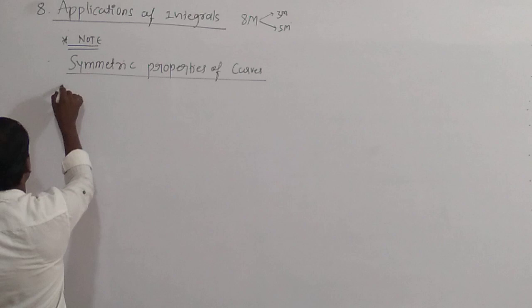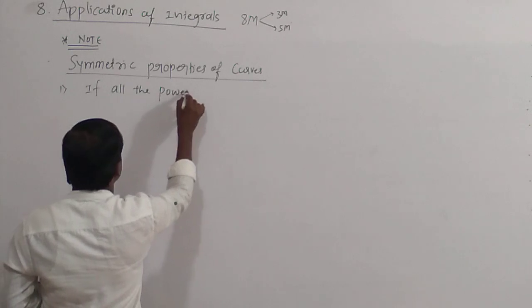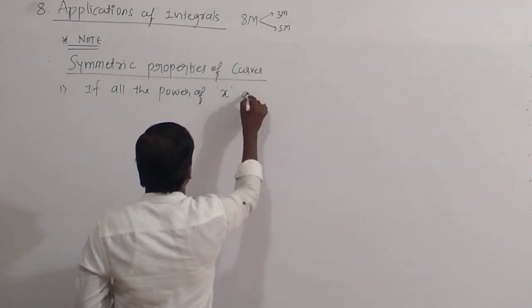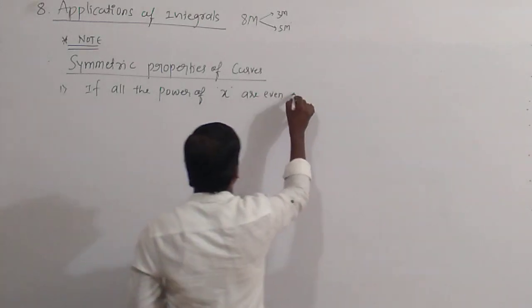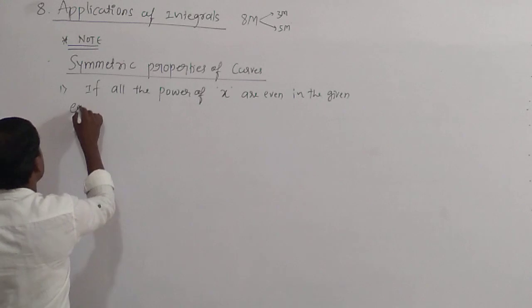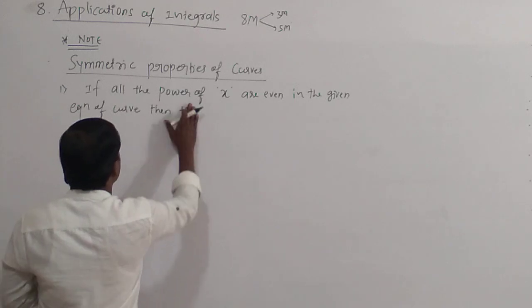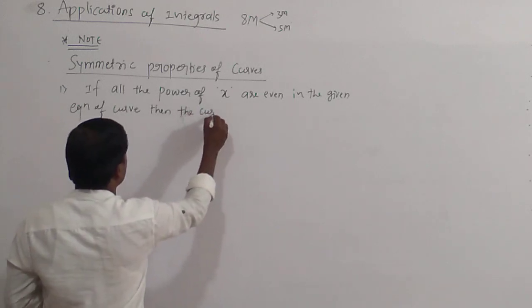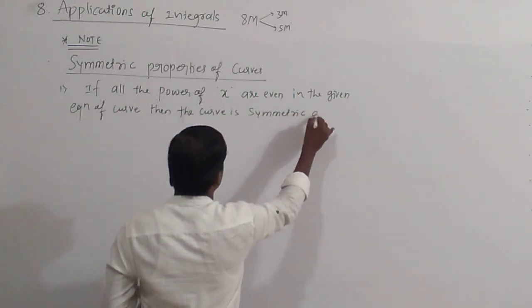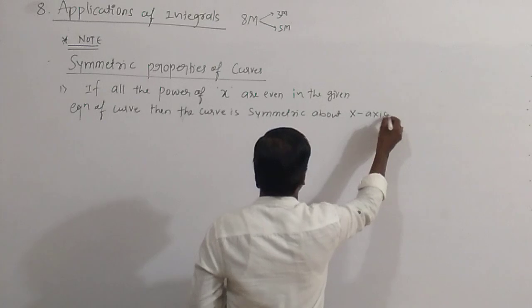So in that, the first one, here I will write: if all the powers of x are even in the given equation of a curve, then the curve is symmetric about the y-axis, right?